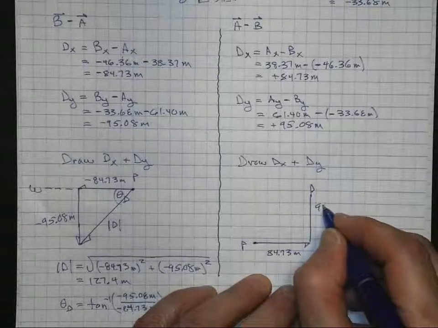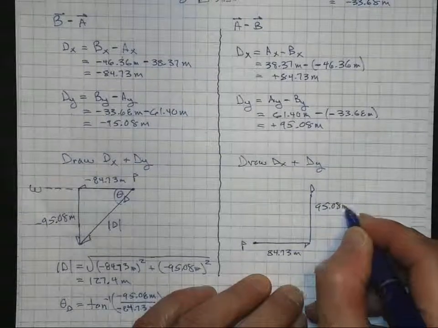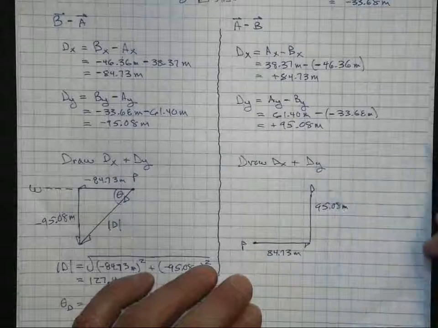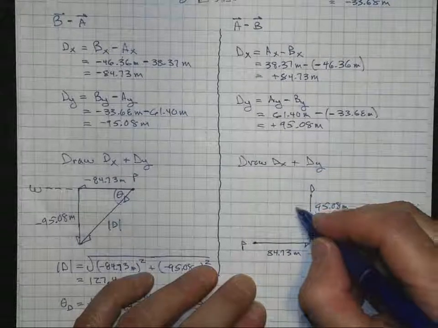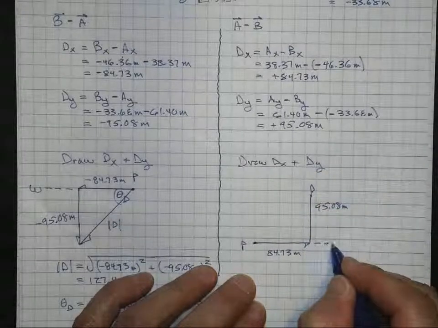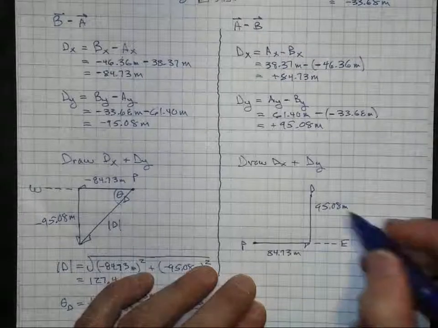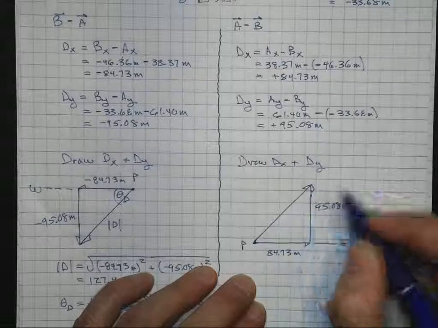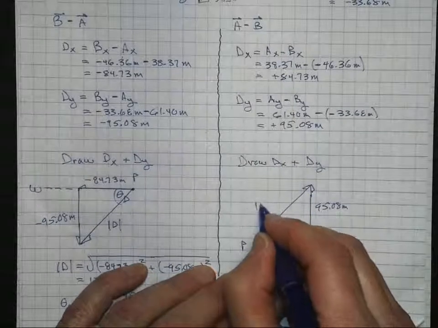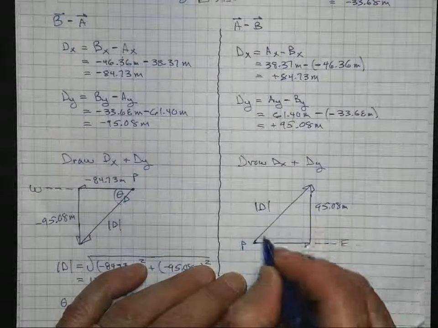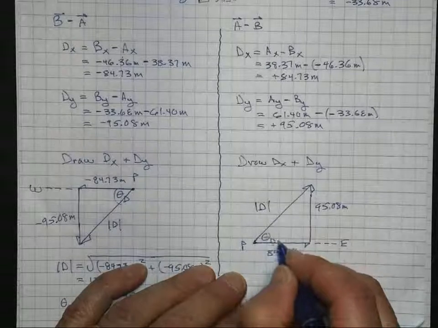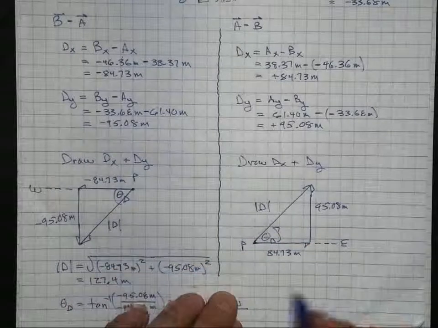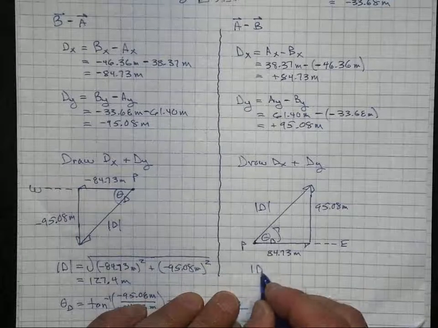This is 95.08 meters. To draw the magnitude, we've got, oh, by the way, this is heading east for a reference axis. We draw from the tail of the first point towards the head of the last. There's D, the vector difference for this case. Here's theta D, the angle down by point P. I'm using the Pythagorean theorem.